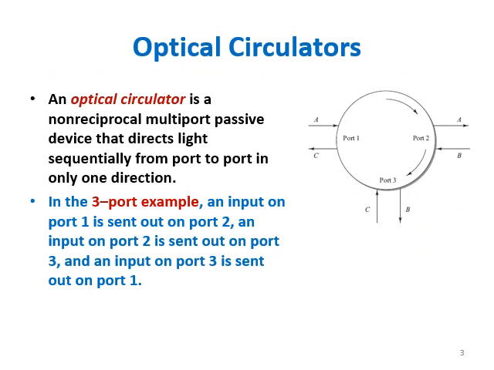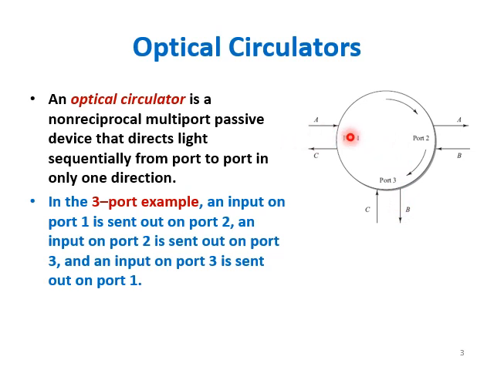Next topic is the optical circulator. An optical circulator is a non-reciprocal multi-port passive device that directs light sequentially from port to port in only one direction. Here is a 3-port example: port 1, port 2, port 3. Light can enter and travel from one port to the next.